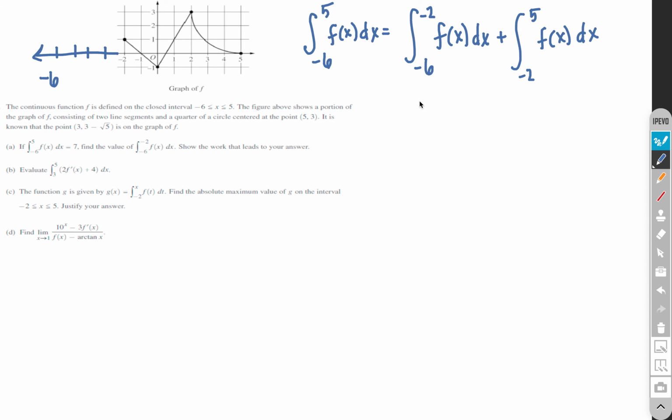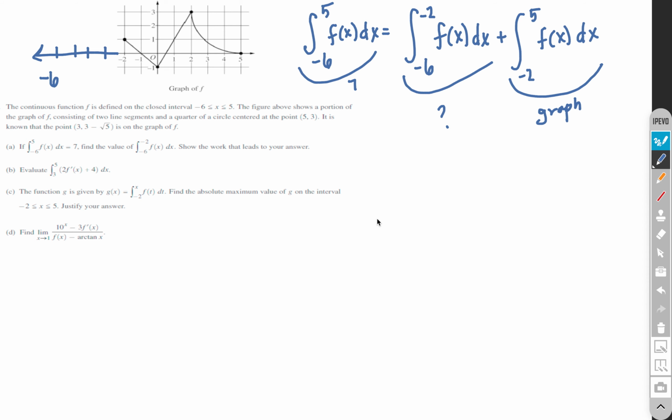And then this will allow us to calculate what we need to find, which is this integral. This is what we're looking for. And we can calculate this piece by just using the graph. We'll talk about this once we get there. And this is the piece that we're given, 7.